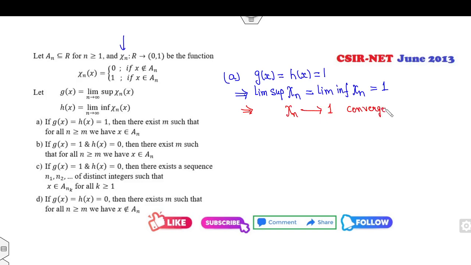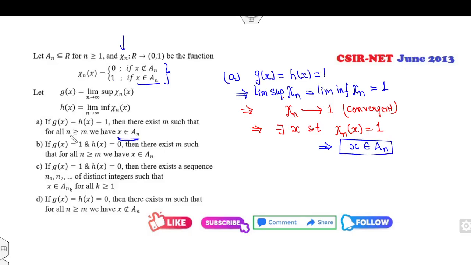Fine. It is convergent because limit infimum and supremum are the same. It means there exists some x such that xi of n x is 1. According to the definition, when will it be 1? When x belongs to the A of n.